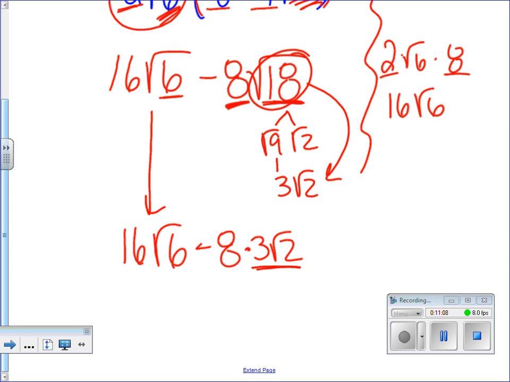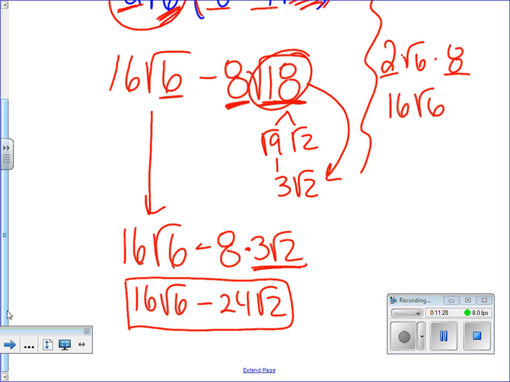Okay, and I can do a little simplifying. So 16 radical 6 minus 8 times 3 is 24 radical 2. Again, we'll talk about adding and subtracting in lesson 2.4, and you'll see if we can do anything else from here.